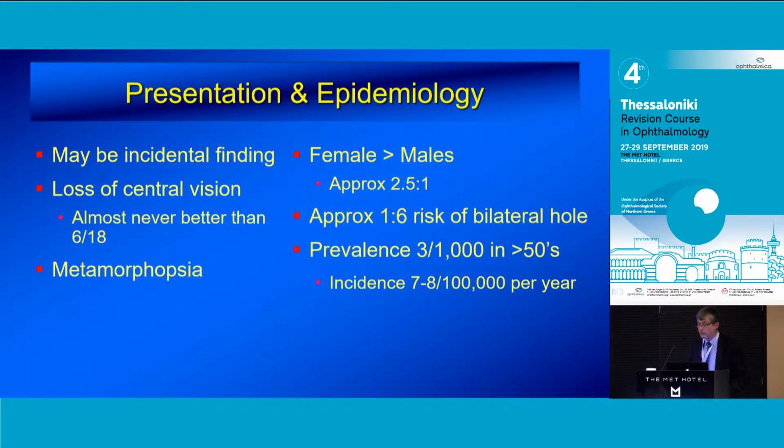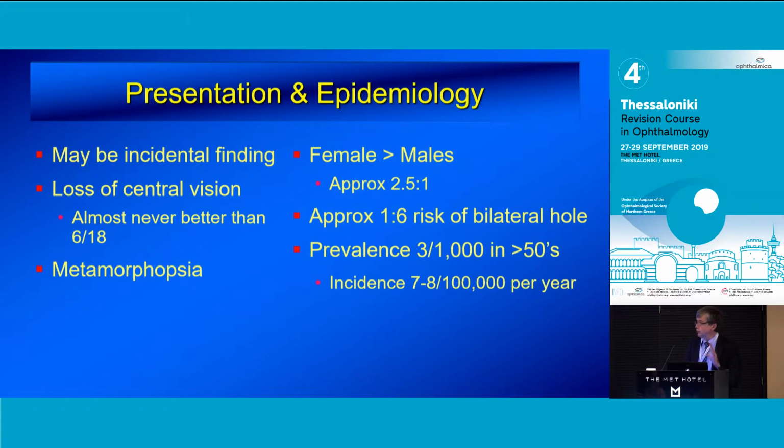It's more common in women than men, about 2.5 to 1. If you've got a hole in one eye, your risk of developing a hole in the other is about 1 in 6 over the lifetime. So it's quite a bilateral condition. And the prevalence is estimated at about 3 per 1,000 in people over 50, with an incidence of 7 or 8 per 100,000 per year.